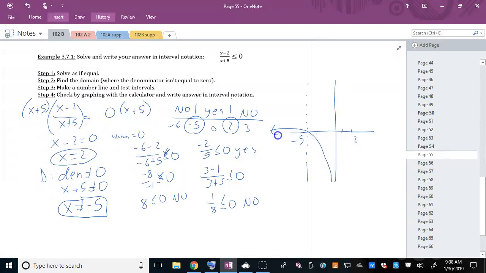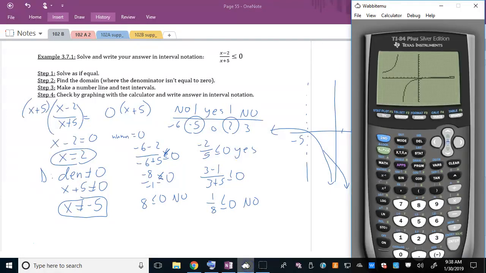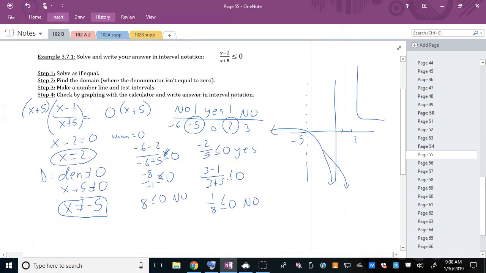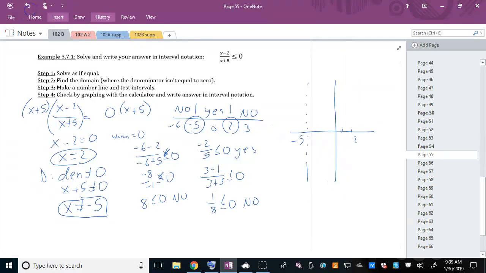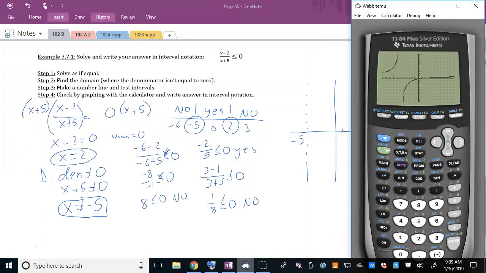And our graph looked something that goes all the way to 2. Something like that. Oops. And I just graphed that on the wrong side. There we go.